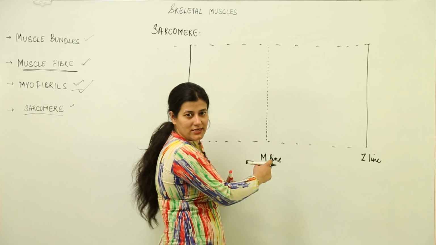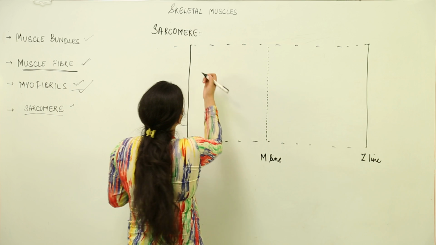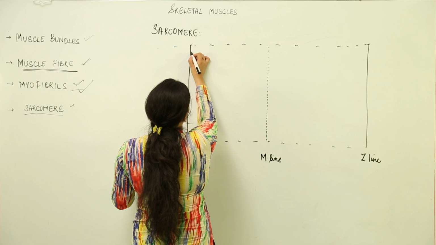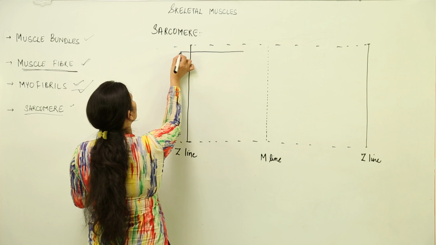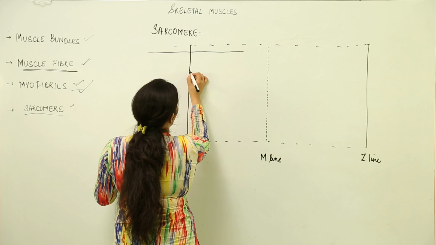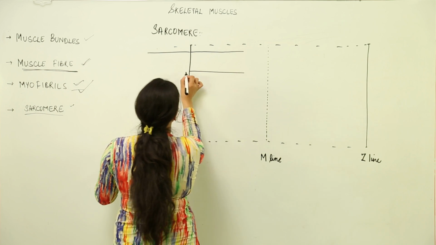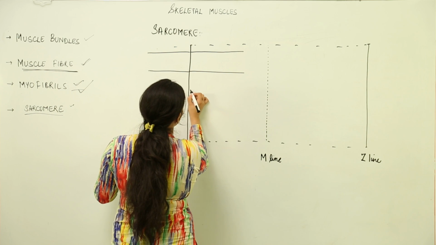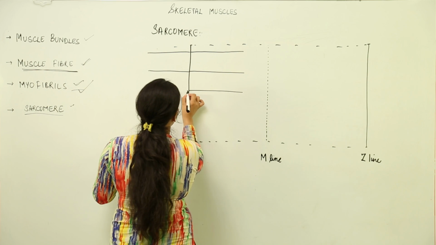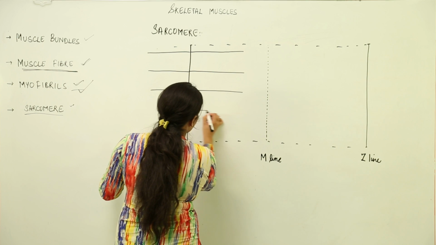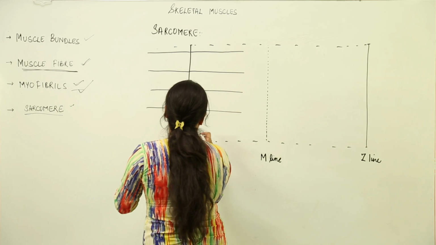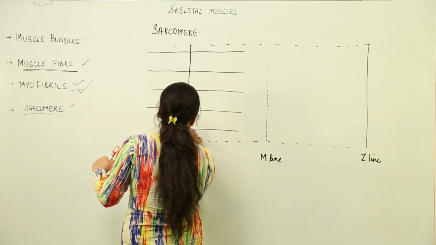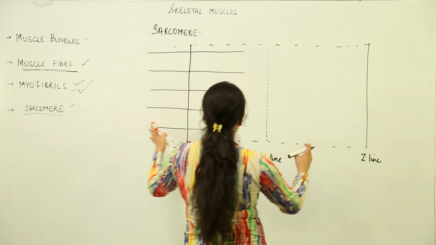Right in the middle lies an M line, and to the Z line is attached the actin filament, which is light and isotropic, like this. Actin filaments are arranged alternately with myosin filaments, but for once we are seeing what that arrangement is on both sides of the Z line.